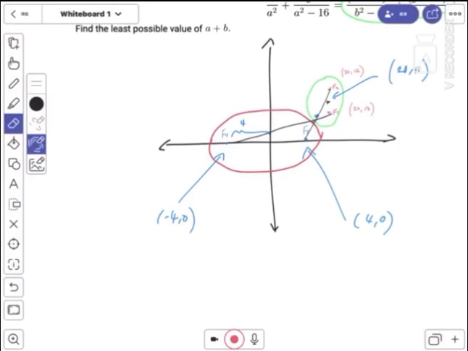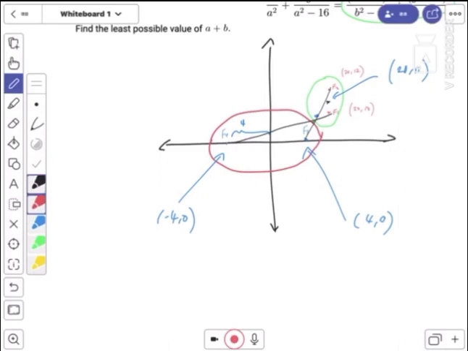So now since they're a line, we just need to find the length of both of the lines. So first we look at this line. By distance formula, it's the square root of (20 plus 4) squared plus (10 minus 0) squared.